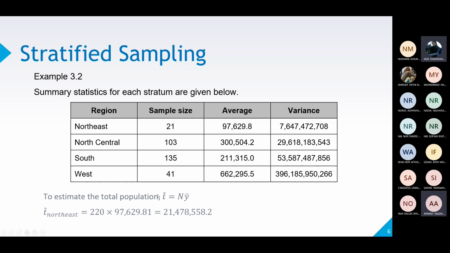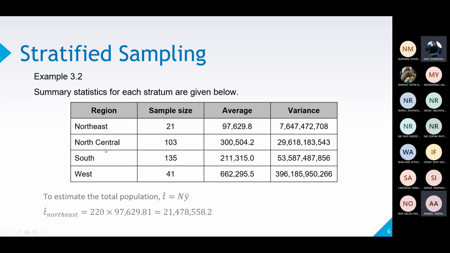So as you look here at the T hat northeast, can you see my cursor here? Yes, all right, thank you. So if you look at our northeast here, we can calculate the estimated population total for the northeast.